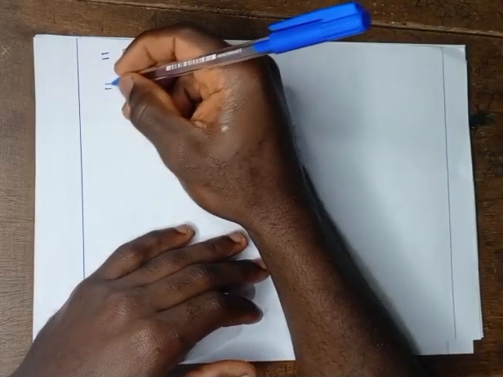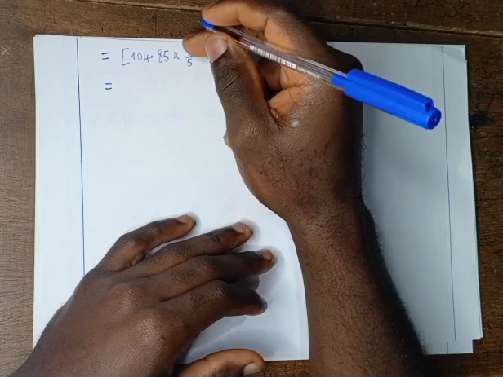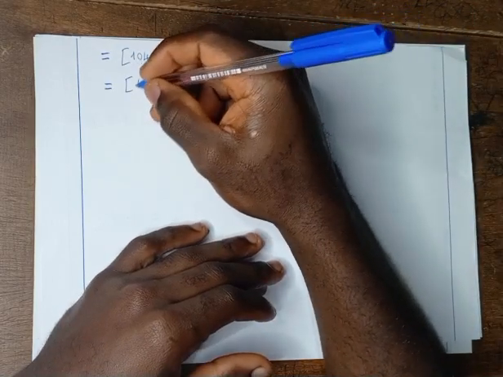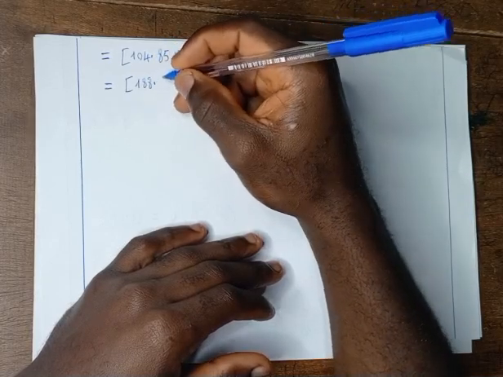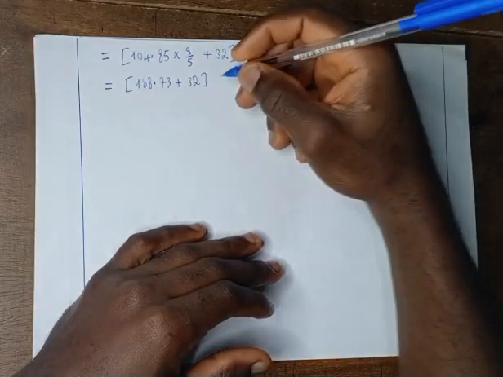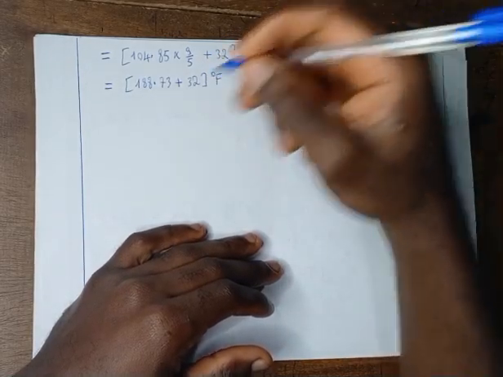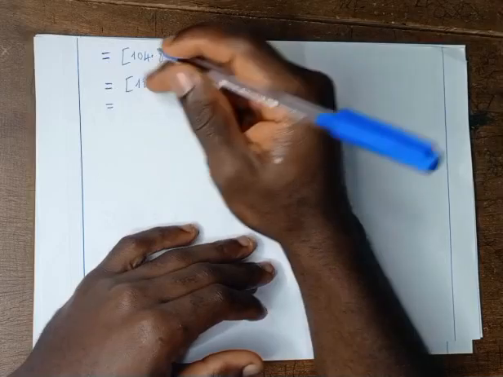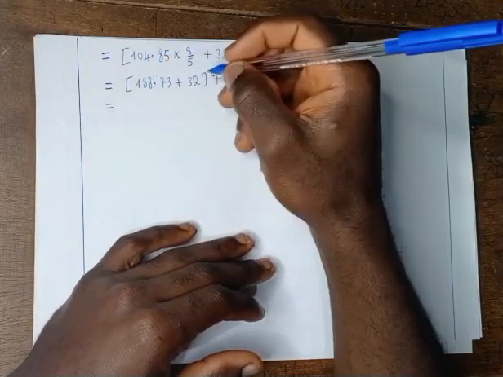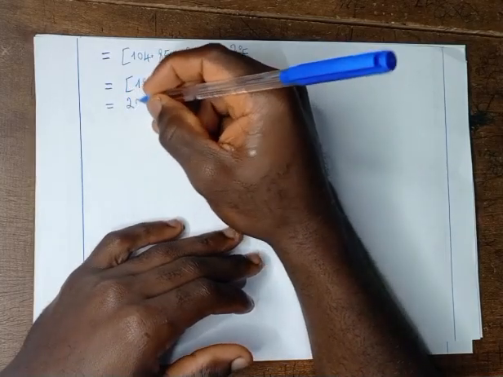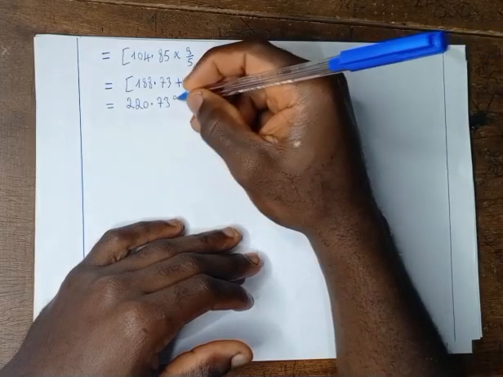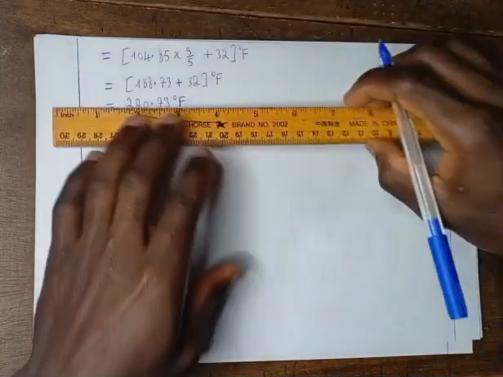So if you multiply 104.85 by 9/5, you're going to obtain 188.73. We add 32. This will be in degrees Fahrenheit. So if we add 188.73 plus 32, you're going to obtain 220.73 degrees Fahrenheit. You underline the result.